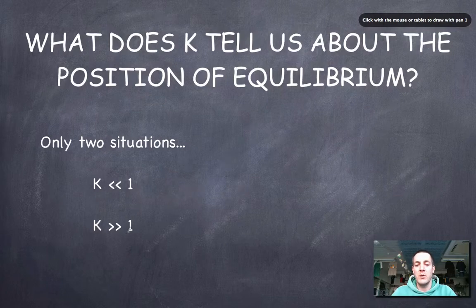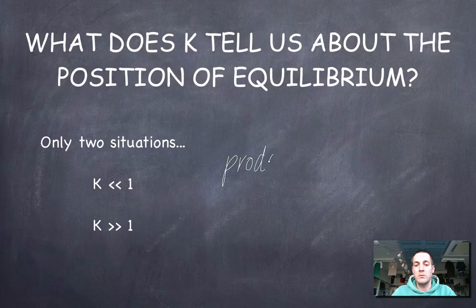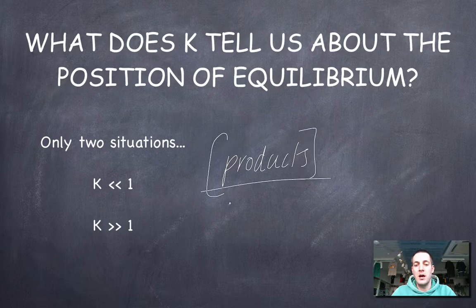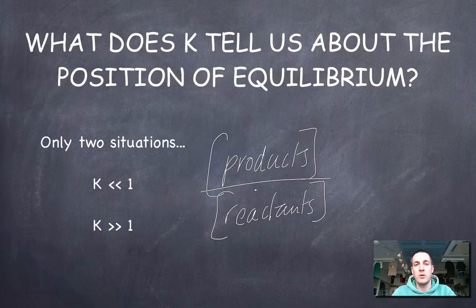If we've got a K where K is much greater than 1, then the concentration of products has to be large in comparison with the concentration of the reactants, because any time we write an equilibrium constant expression, the products are on top and the reactants are on the bottom.